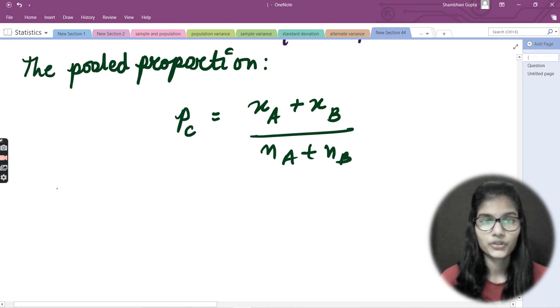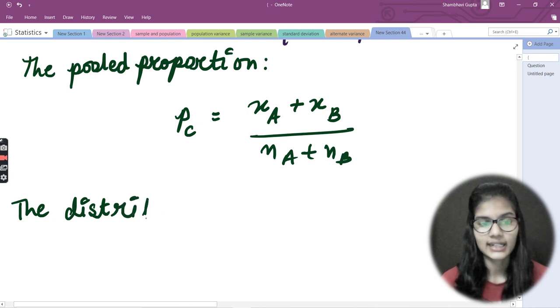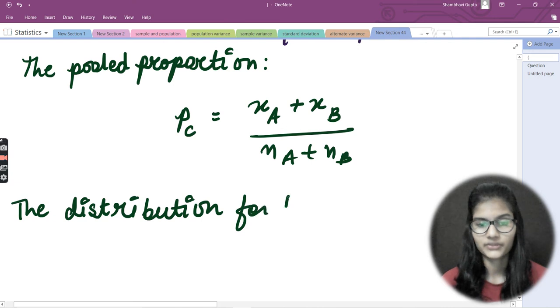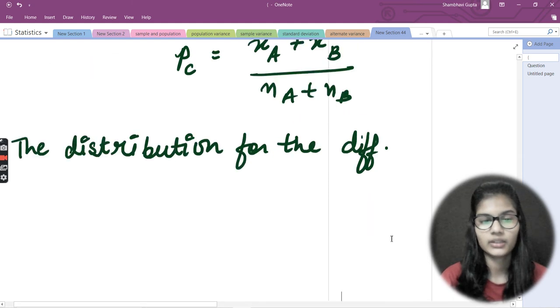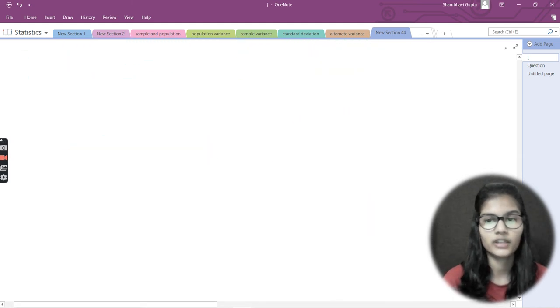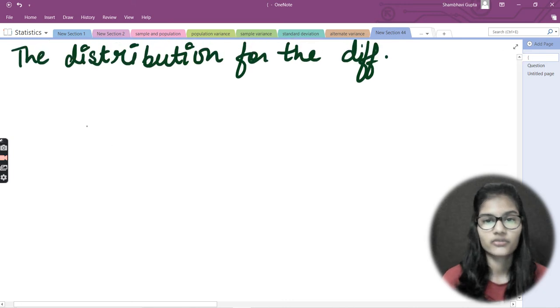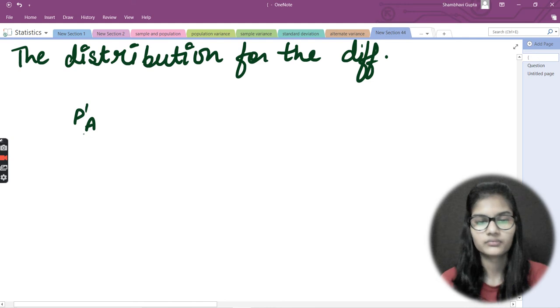After the pooled proportion, the second topic is the distribution for the difference. Let me come down to this place and put the formula for it.